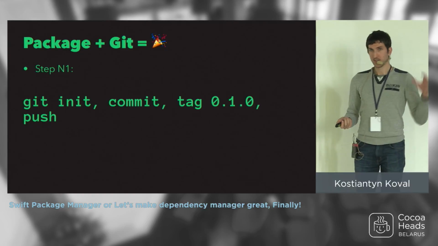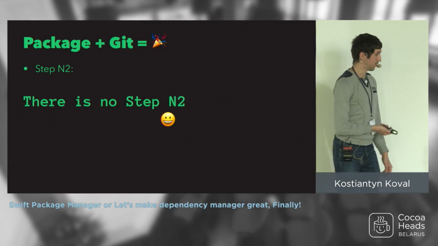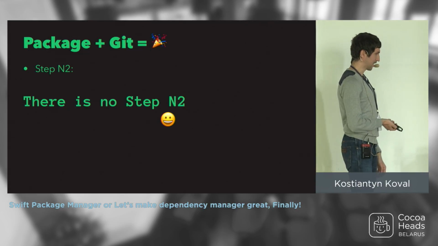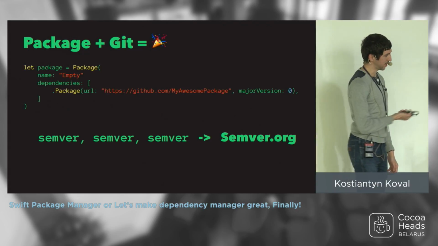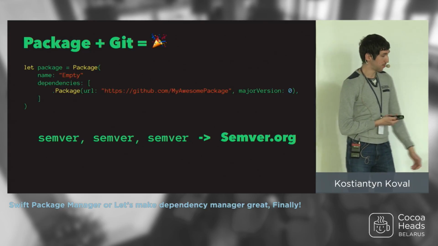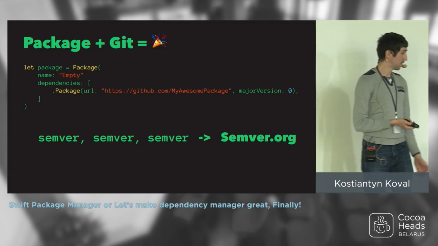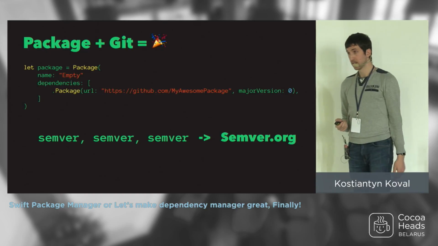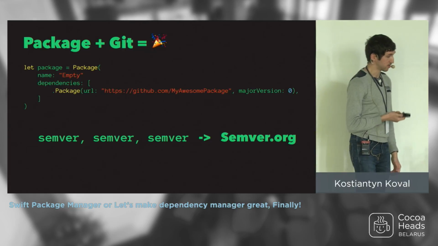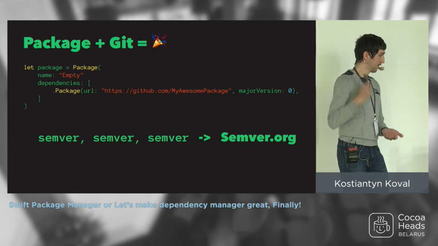That's it. It uses just Git, and there is no step two. It's that easy. If you want to use your package, in your package.swift manifest file you say dependencies, put your Git URL, and you specify the version which should be used. And this follows semantic versioning.